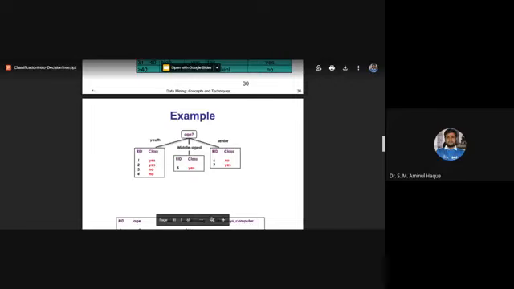And sir, what is Gini? I lost the connection. What do you say about the Gini? Gini or gain? Are you talking about Gini or gain?